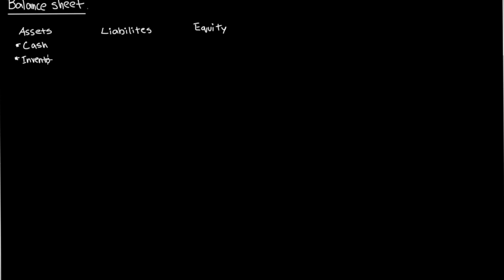Then we have inventories. So inventories are basically whatever you bought but you still didn't sell. Those are all your inventories. Next, you have plant, like a manufacturing plant, or property. You have property like real estate properties, and you have equipments that you use to create products. So that's shortly called as PPE.